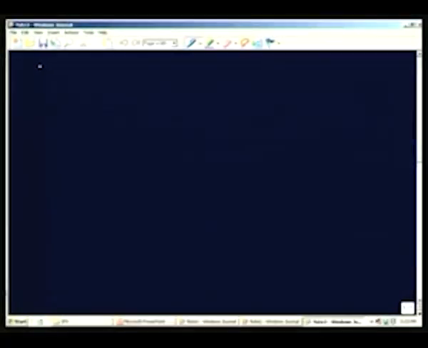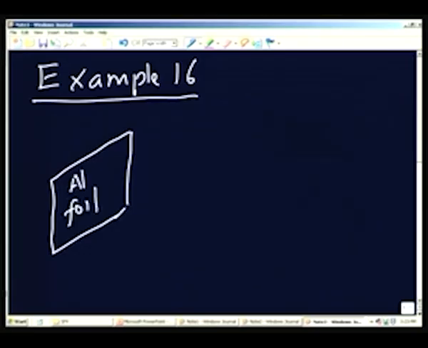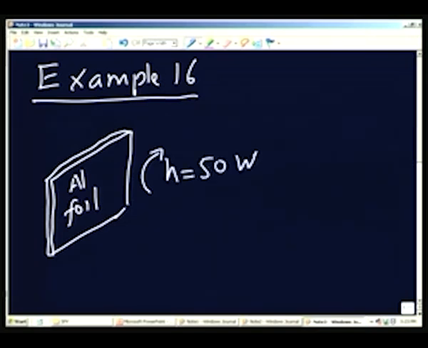This is example number 16, which I am going to indicate by looking at a simple case. I have a small foil type sensor. This is aluminum foil with a small thickness, and it is subjected to a heat transfer coefficient of 50 watts per meter squared degree Celsius.